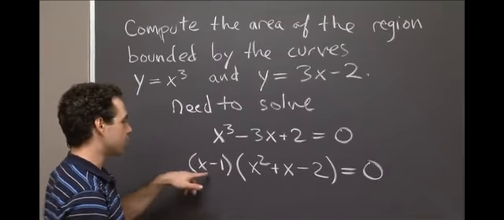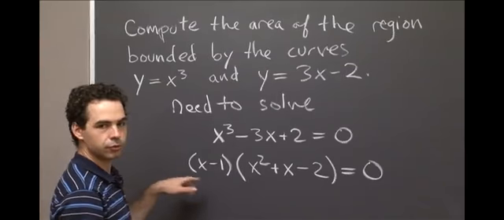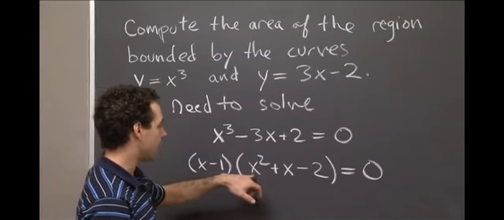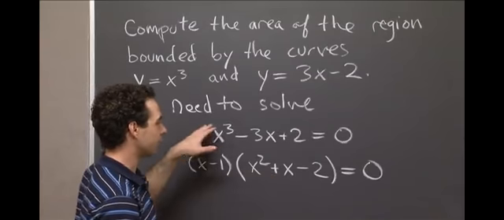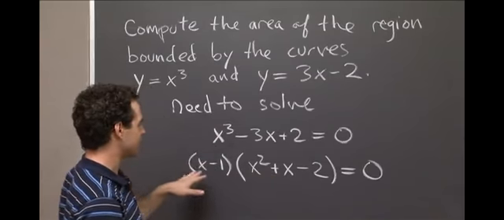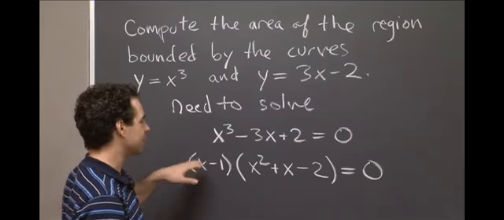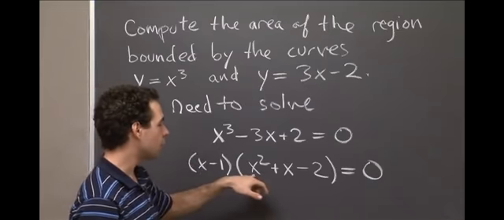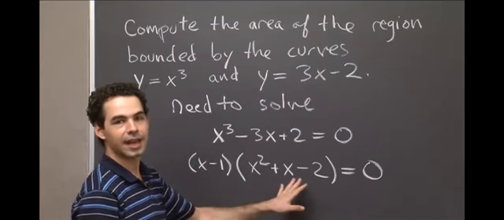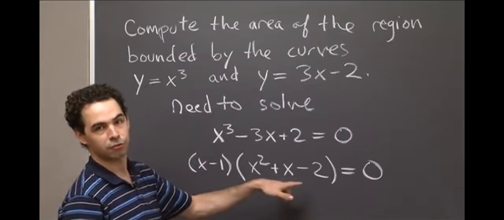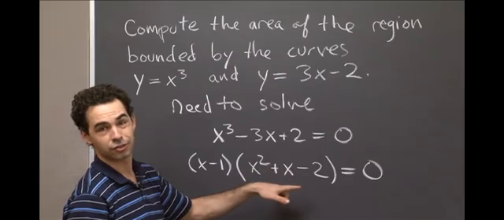So for the places where these intersect, we have either x equals 1 or x squared plus x minus 2 equals 0. Here you can again factor or use the quadratic equation.